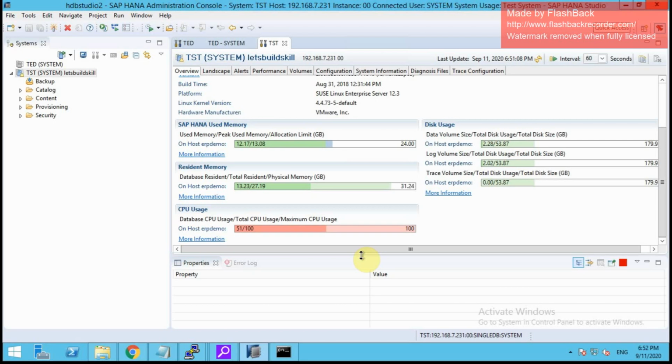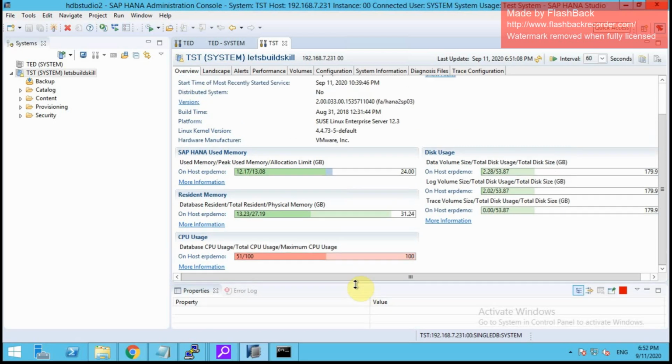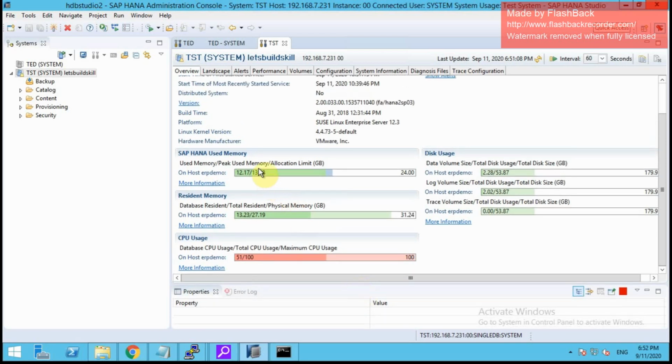As you can see on my screen, in the HANA database on the front screen or the overview screen, there are two bars. One is SAP HANA used memory and another is resident memory. There is always confusion. What is physical memory? What is resident memory?